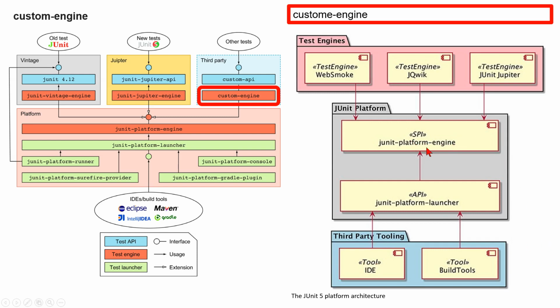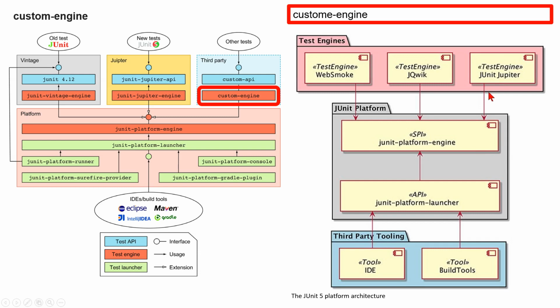A special case is, of course, JUnit's own Jupiter test engine, which uses a new JUnit 5 test model. However, even this built-in engine uses only the public API and has no secret access to other parts of JUnit 5.